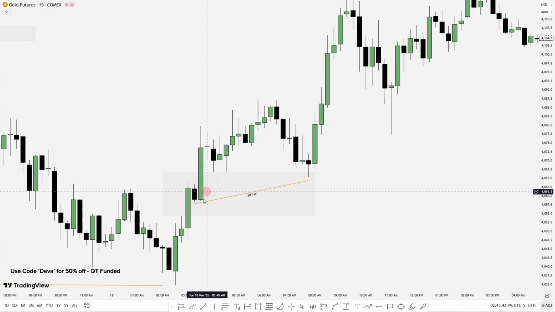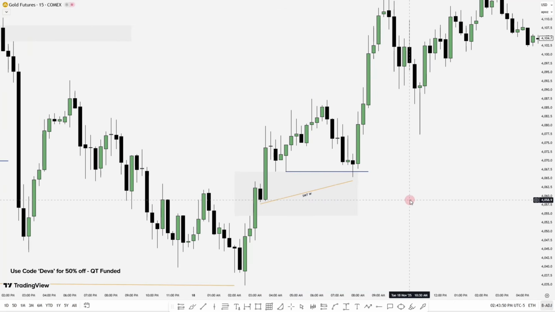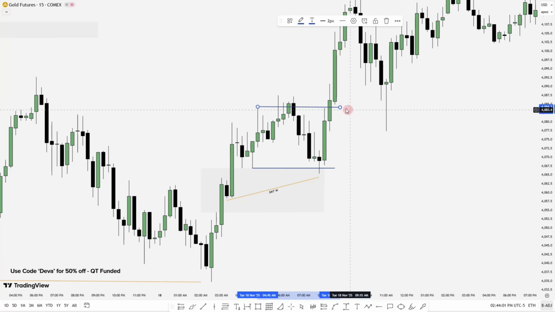It indicates the strength of gold. And we have a stop run here, a stop run into a key level, right? A 15-minute stop run. And if you look at this, we have a double purge here.